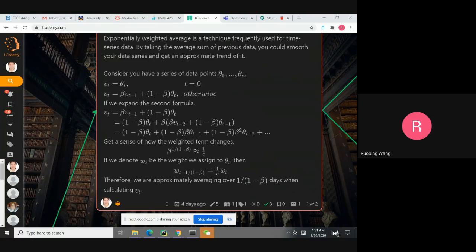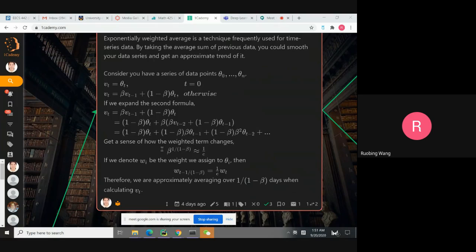And since beta is a number less than 1, every time you multiply by beta, you get smaller and smaller weights. So we assign smaller weight to the data points that are away from our current data point.